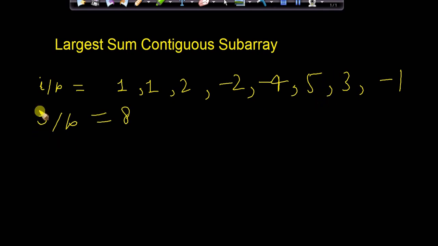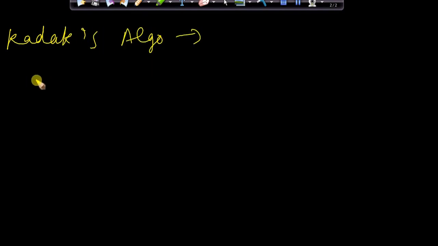Okay, so we have a couple of algorithms for this problem. First one is Kadane's algorithm. So we'll see what it is. What it says is to have a couple of integers or variables which we need to initialize.